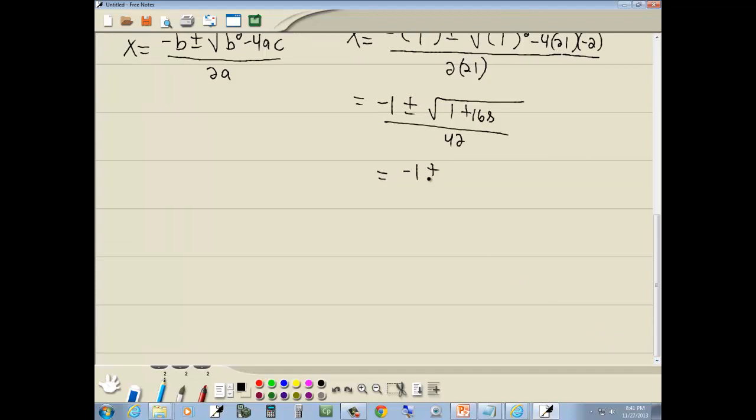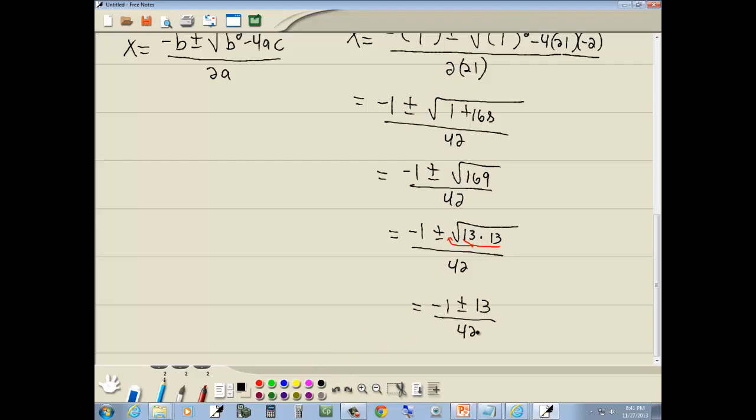Which gives us negative 1 plus or minus square root of 169 over 42. 169, that's 13 times 13. Now remember, for the square root, we're looking for a pair of somethings. Here's a pair of 13s. They're going to come out in front as a single 13. So we've got negative 1 plus or minus 13 over 42.